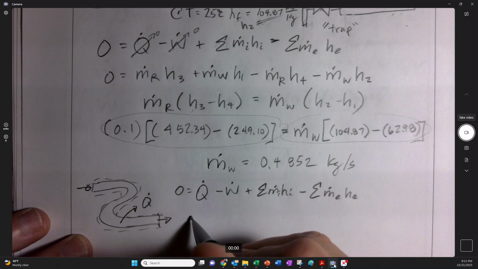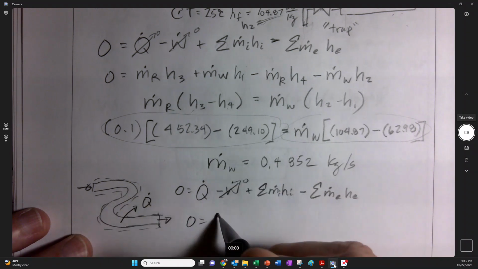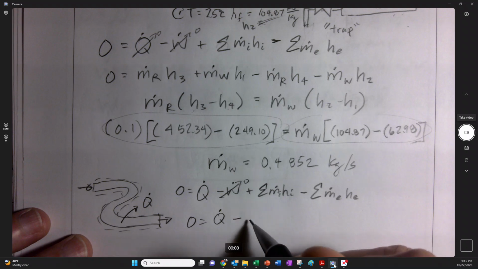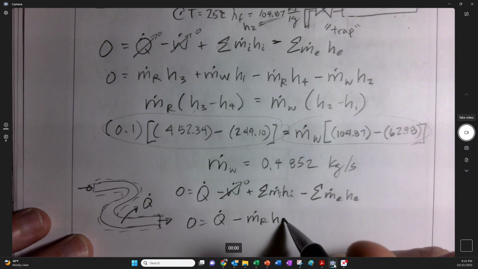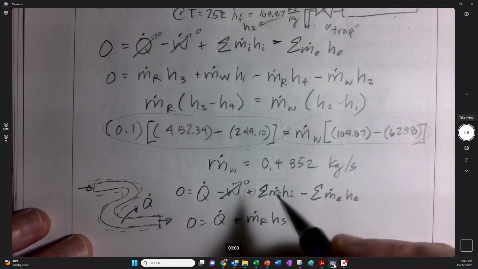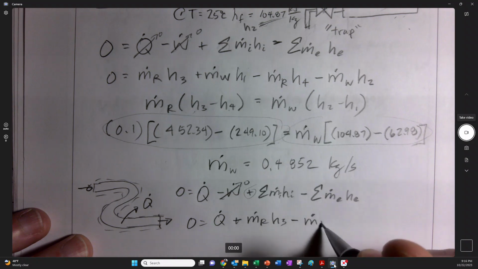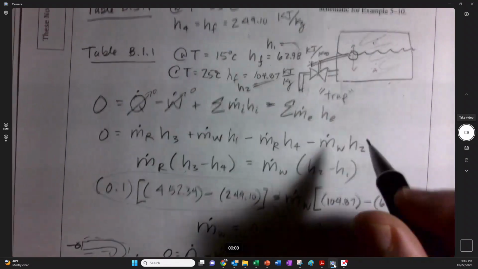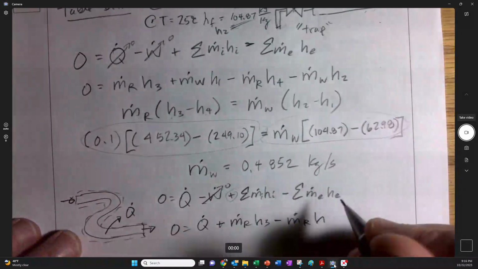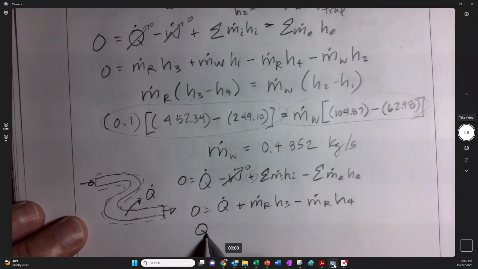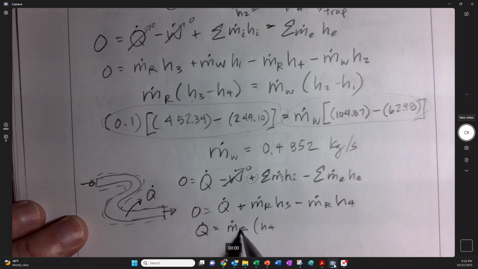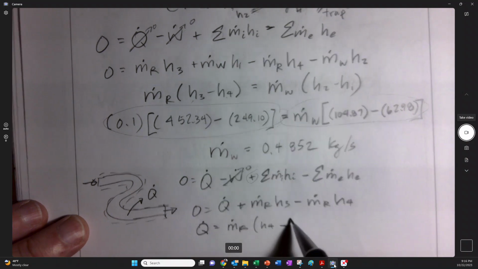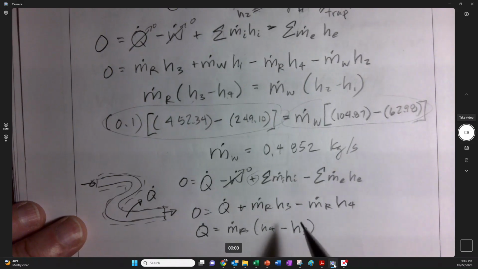So the work goes away, and we have Q minus m dot refrigerant H3, no, not minus, plus, minus m dot refrigerant H4. And our Q dot is going to be equal to m dot R times H4 minus H3. I think that's going to be right.